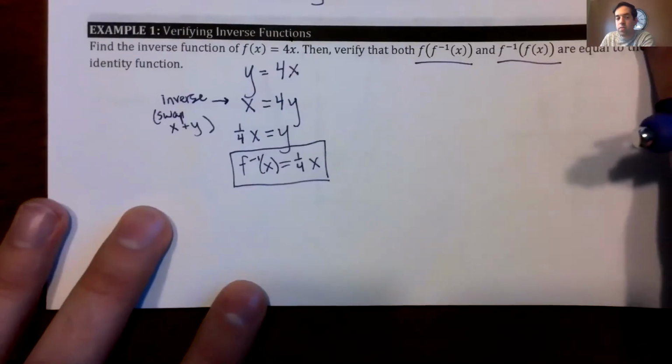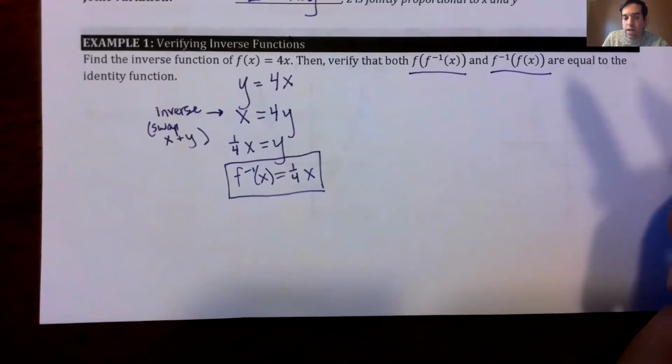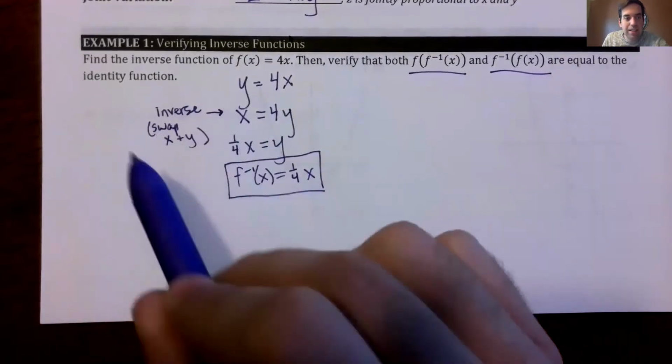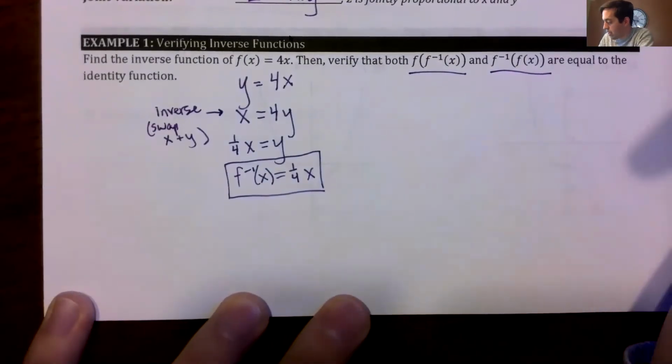It's kind of like when you multiply two multiplicative inverses, like 1/4 times 4, you get 1. When you add two additive inverses, like 5 plus -5, you get 0. So 0 is the additive identity. X is the identity for functions. So anyway, let's keep going.